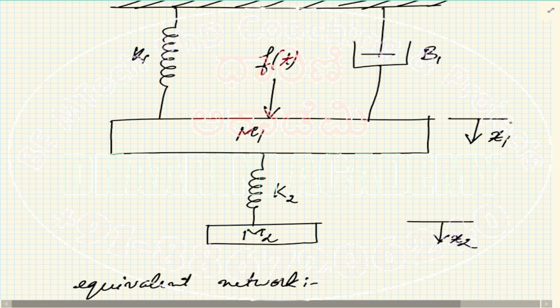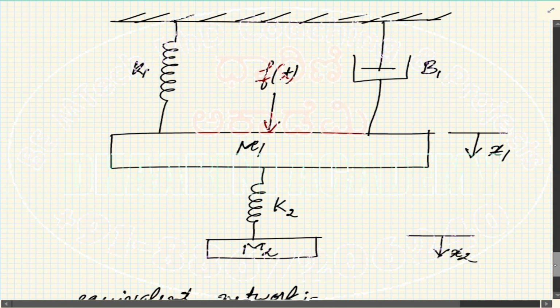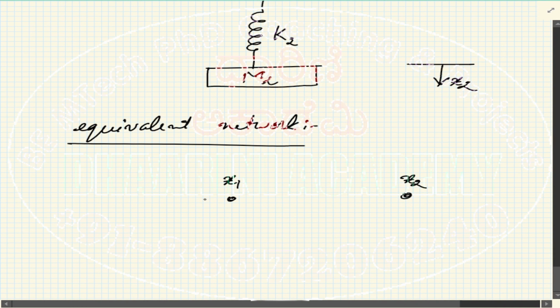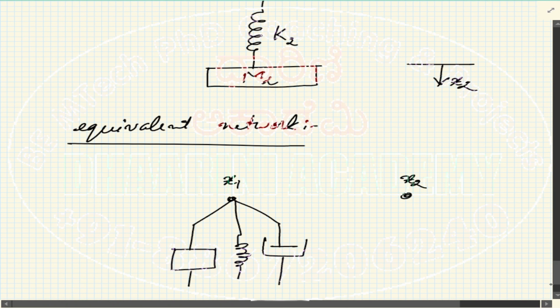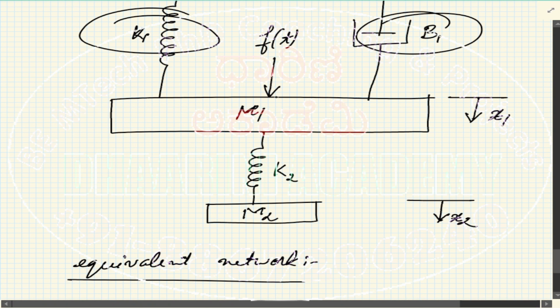So let's write that now. I can see that the M, B1 and K1 are directly connected to this in the following fashion. So see, these three correspond to the K1, B1 and M1.